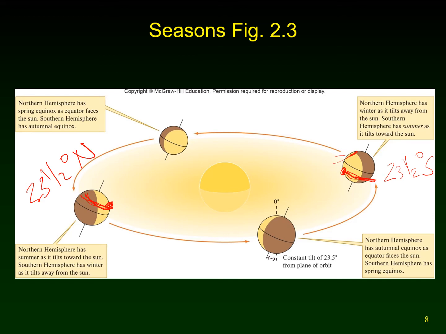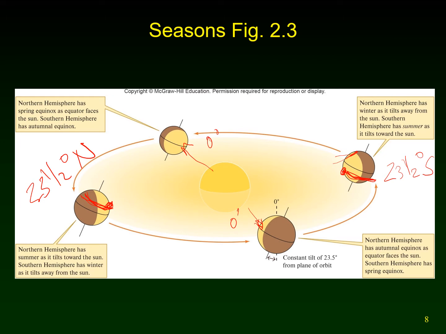The first day of what we would call fall, so we're going from summer towards winter, we're right in this spot. The sun is directly overhead the equator, which is 0 degrees latitude. And then the first day of spring, the sun is once again directly overhead the equator, which is 0 degrees latitude.